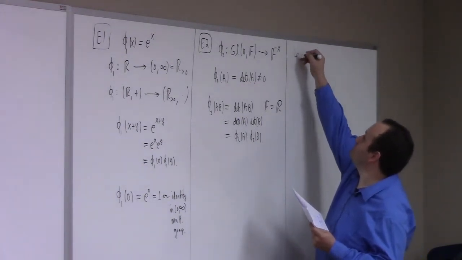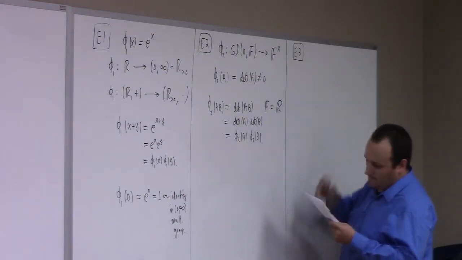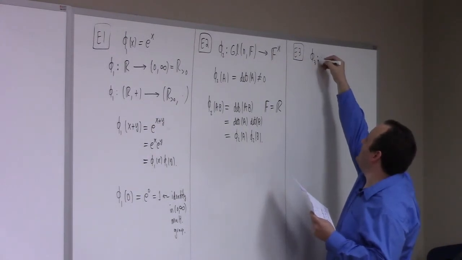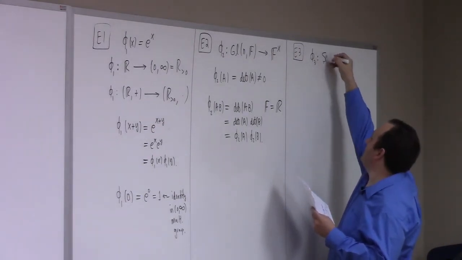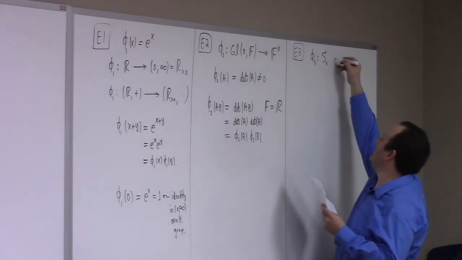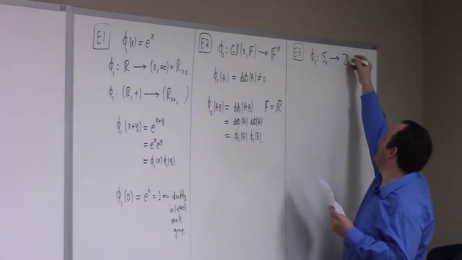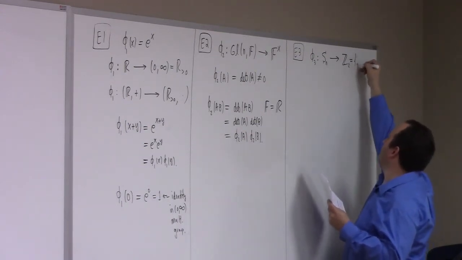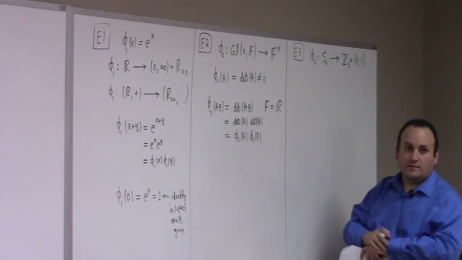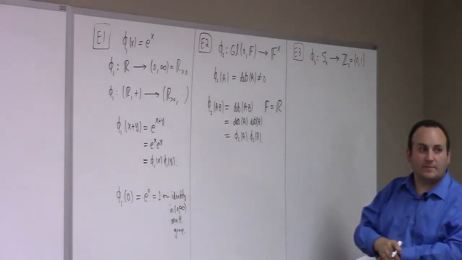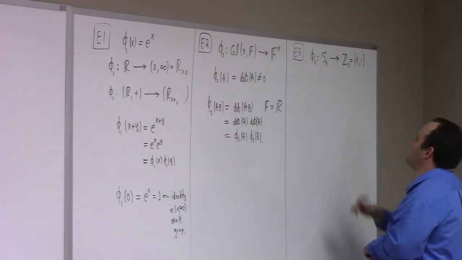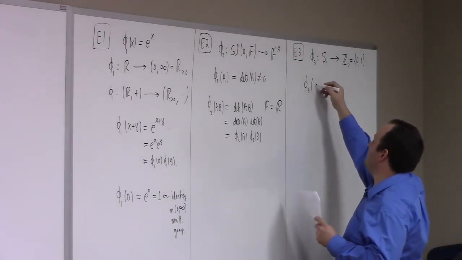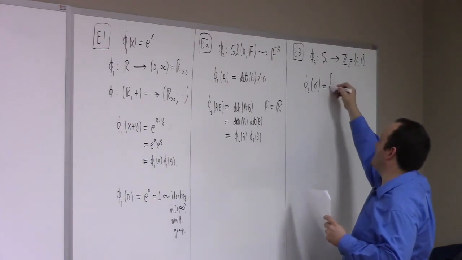Example 3. I'm going to define phi3 to be a mapping from the symmetric group of order n to Z2. So Z2, remember, is 0, 1 modulo 2. And what we're going to do is say phi3 of a permutation sigma is equal to, I'm going to define it case-wise.